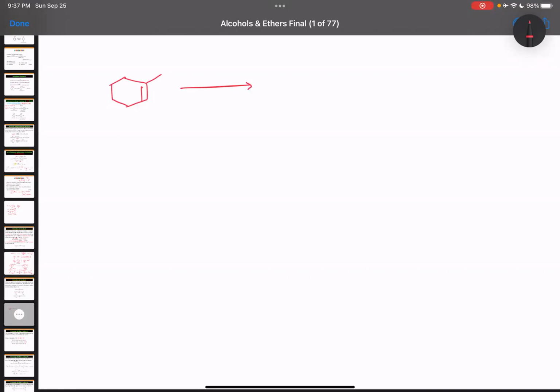You took the reagent P and you got X. X when you reacted with K2Cr2O7, H plus, you ended up with this compound. So what is P and what is X?